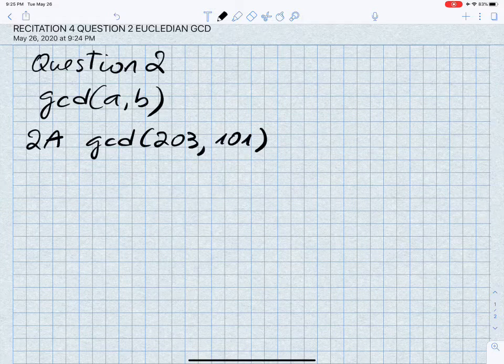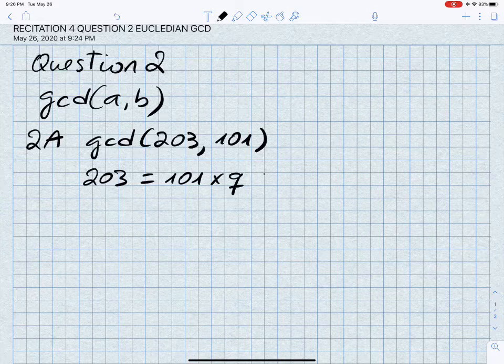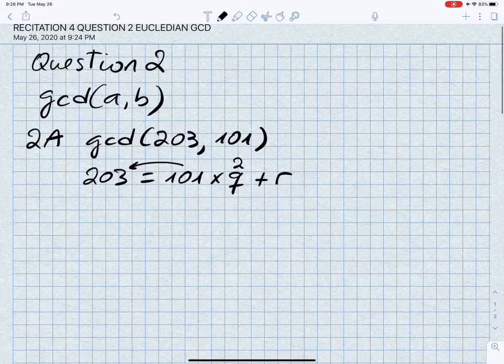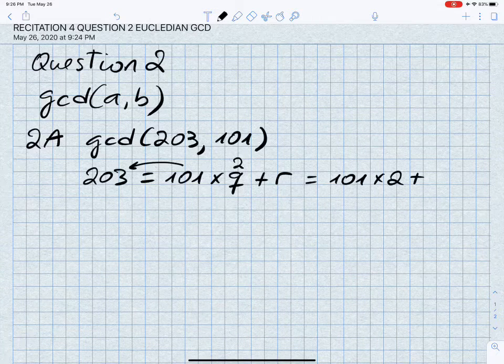So to calculate the GCD, we have the following algorithm. We have that 203 is equal to 101 times some quotient plus some remainder. So we ask, how many times does 101 go into 203? Well, it can go twice. So we have that 101 times 2 plus some remainder is equal to 203.